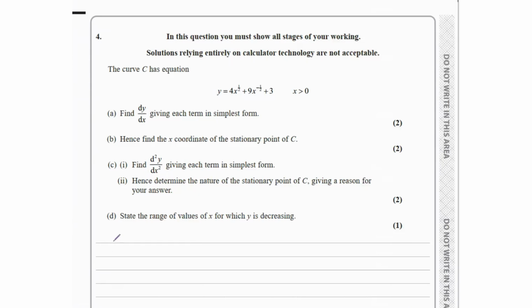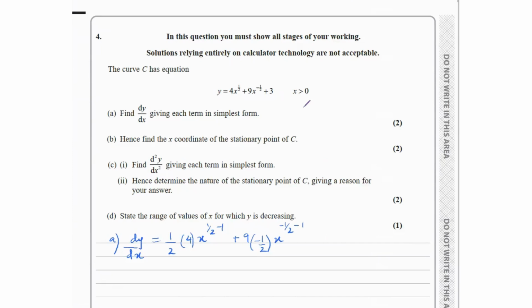So we differentiate this equation. As you know, in differentiation, we bring the power down, multiply it by the term, and then subtract 1 from the original power. So 1 over 2 times 4 times x to the power of 1 over 2 minus 1. Then again, plus 9 times negative 1 over 2 times x to the power of negative 1 over 2 minus 1.